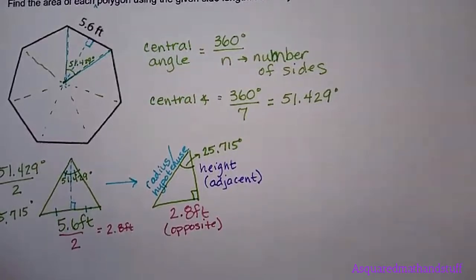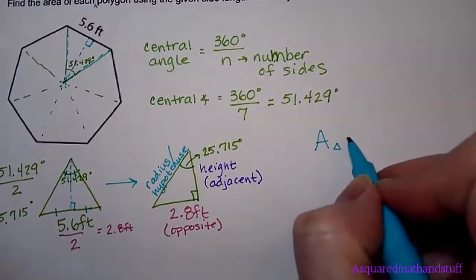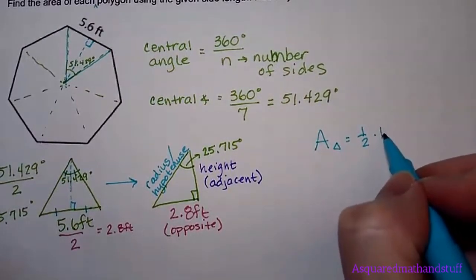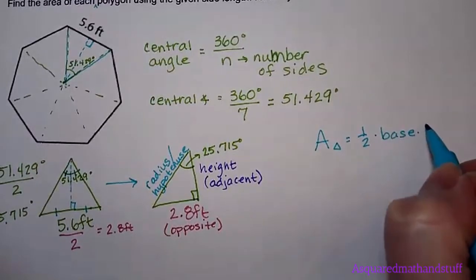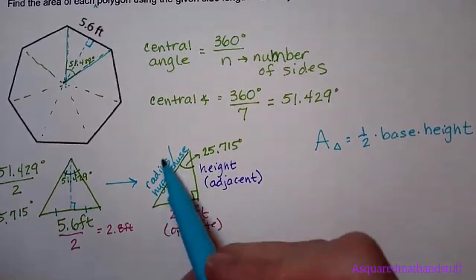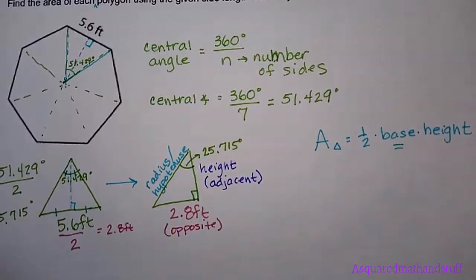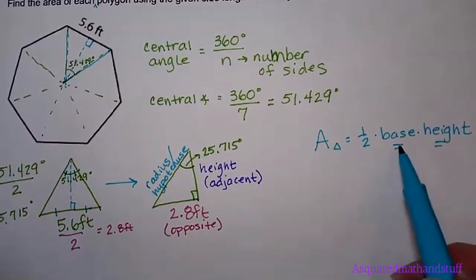Recall that the area formula for a triangle is 1/2 base times height. We have our base, but we need to calculate the height. So we don't really need to worry about the radius or the hypotenuse at all. So let's focus on calculating the height, not the base. The base we were given.